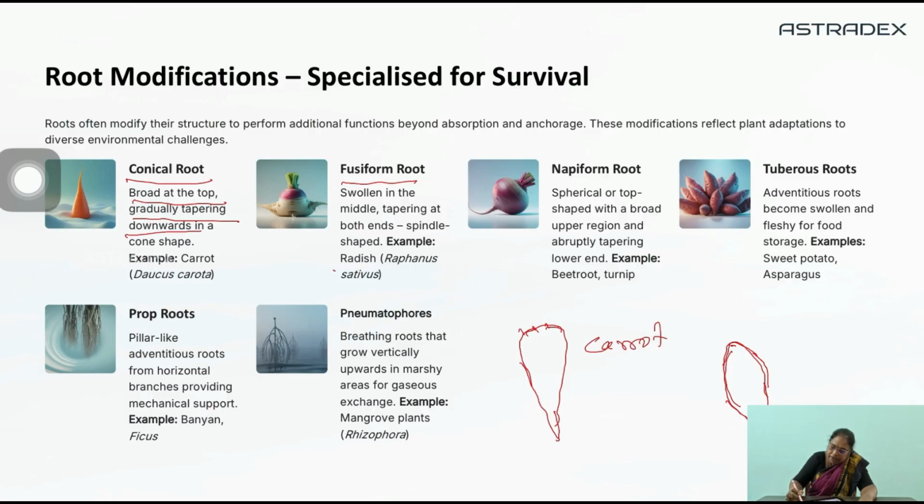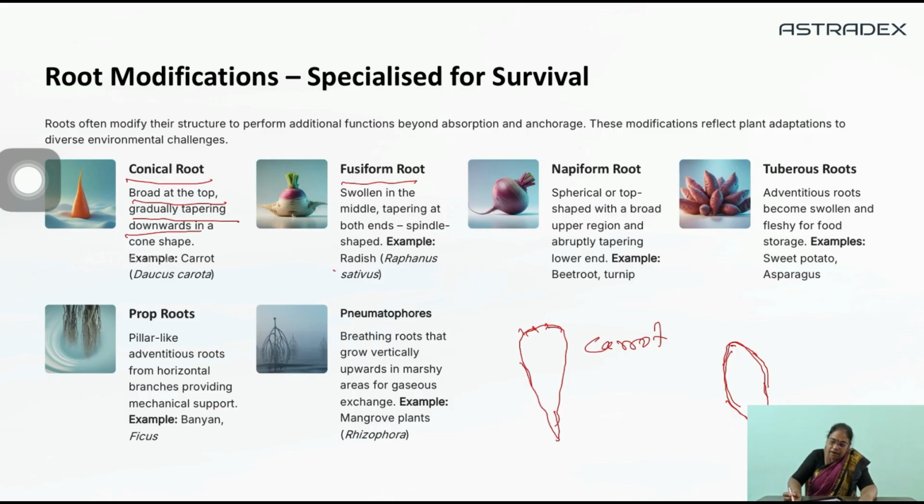This is a broad upper region, looks like a top, suddenly tapering at the lower end. Example, beetroot, turnip. First one is conical root, example carrot. Second one is fusiform root, example radish. Third one is napiform root, example beetroot. These three are modifications of the taproot system.